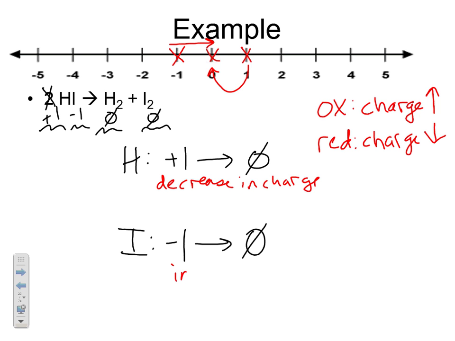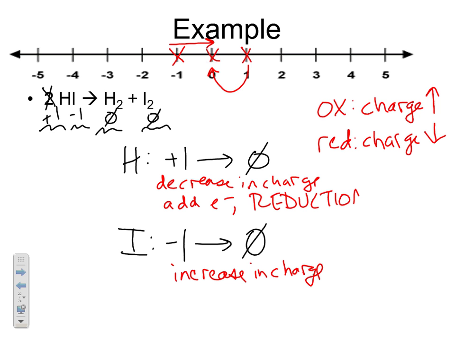So this is an increase in charge based on the direction it moved on the number line. Well, a decrease in charge, you only get that if you added electrons. So this was reduction. The hydrogen underwent reduction. Its charge decreased, its charge was reduced.